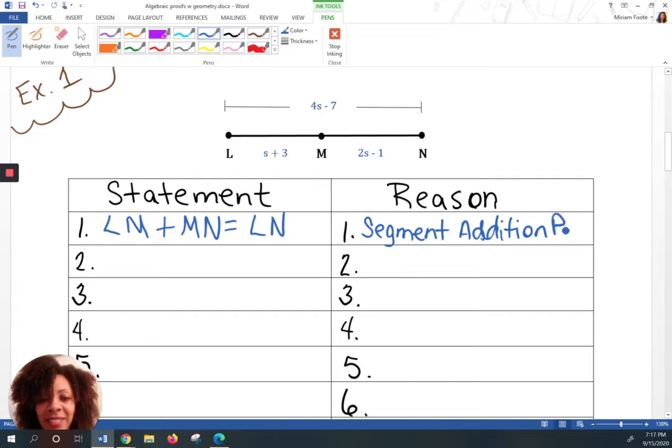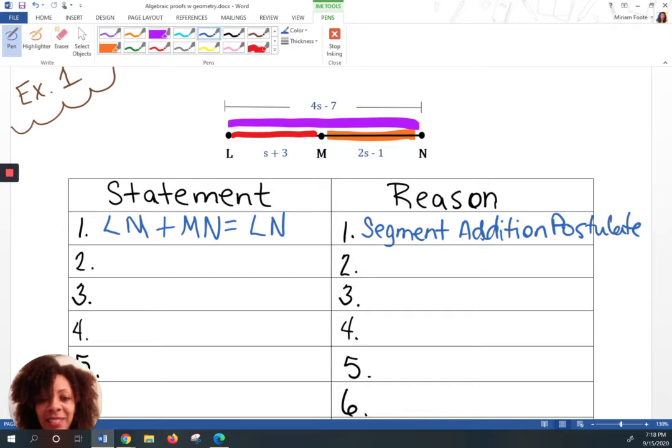And if I'm looking at the picture, what I wrote is segment LM, this part, plus segment MN, this part, will equal the entire segment LN. That's what segment addition postulate means.